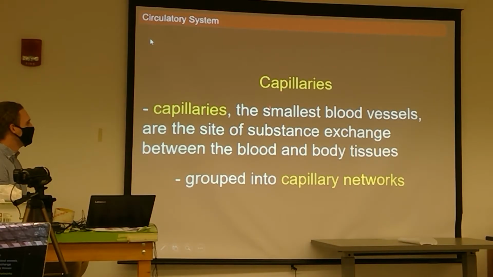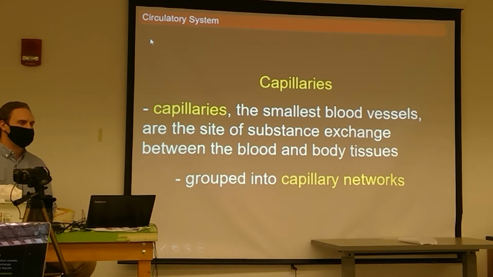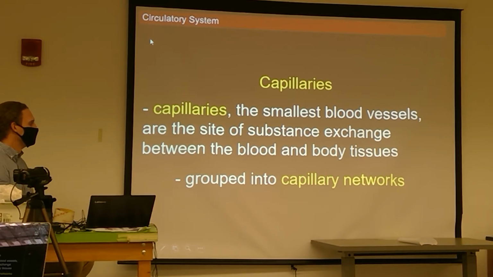So capillaries. These are the smallest blood vessels. This is the site where the exchange is going to happen with the nutrients that are in the blood, right? So oxygen and different things that the erythrocytes, or red blood cells, are carrying in this blood are going to do this exchange here in the capillaries.